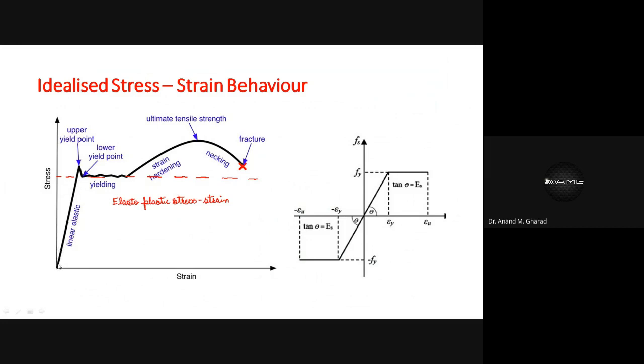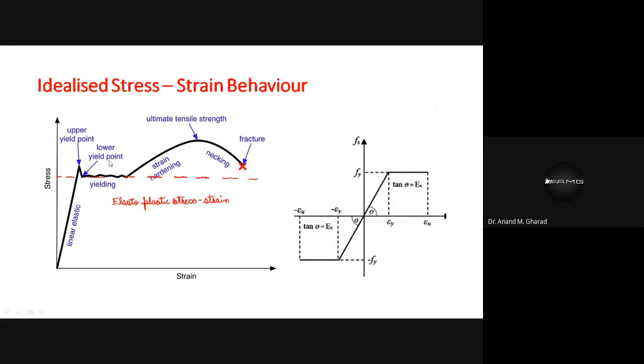Bi in the sense two. This is one linear line and this is another linear line. Bilinear elastoplastic stress strain curve, which is also known as idealized stress strain curve.